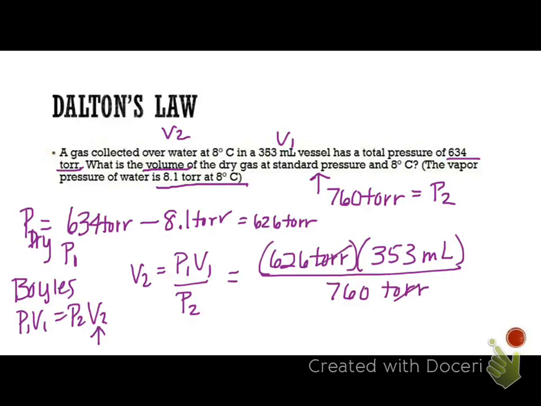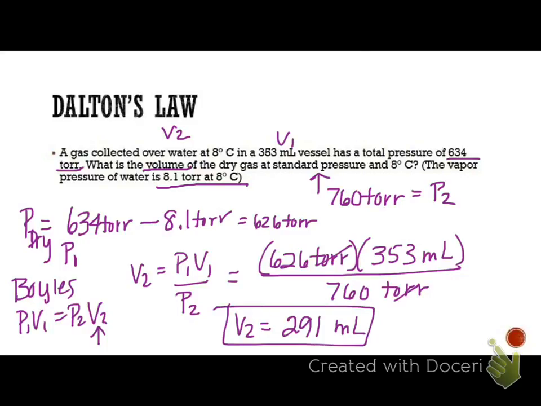Cross out our torr. So 626 times 353 divided by 760 gives us an answer, V2, of, when we round that to 3 sig figs, 291 milliliters.